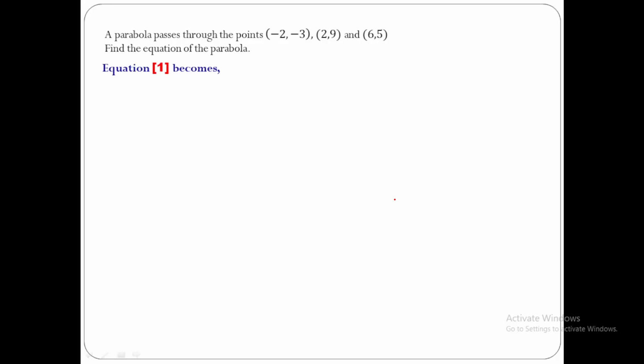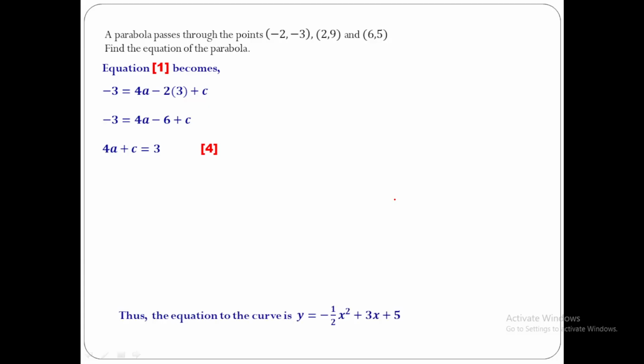Let's substitute b is equal to 3 in equation 1 and equation 3. Then equation 1 becomes 4a minus 6 plus c, that is 4a plus c equal to 3. Then equation 3, let's substitute the value of b in the third equation.